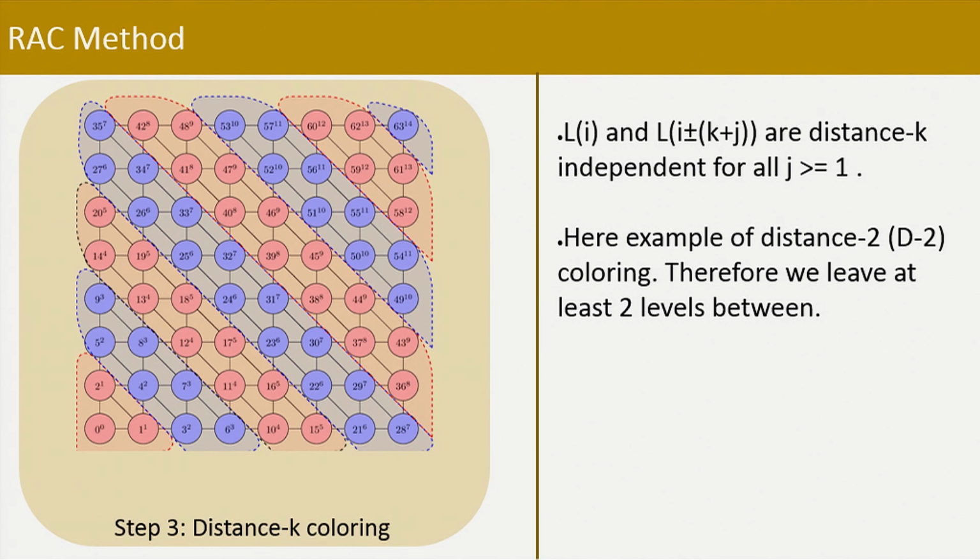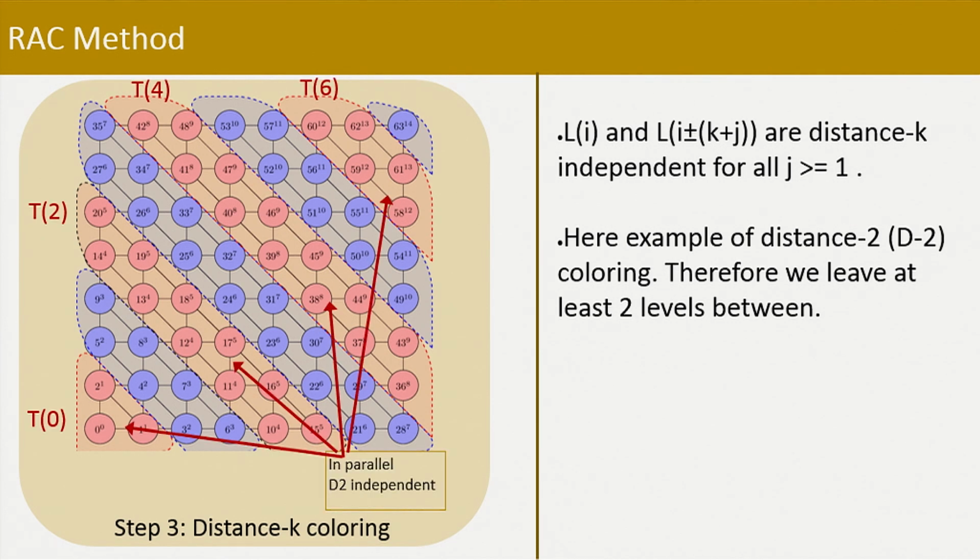For example, here you see one configuration which resolves distance 2 dependency, and here you see that we have two colors and we have grouped some levels together to form a level group, which we denote by T. So T of i means ith level group.